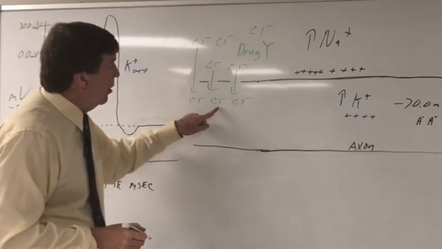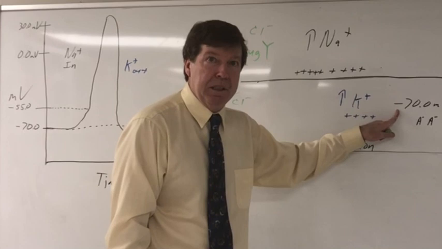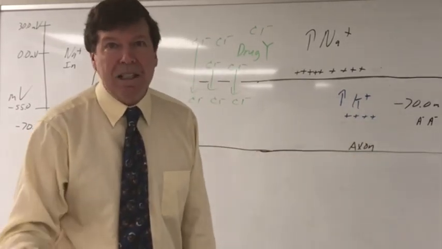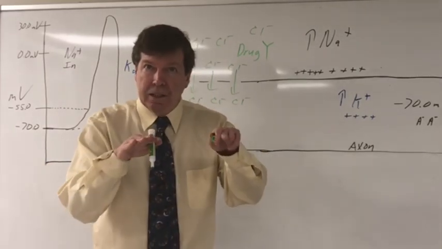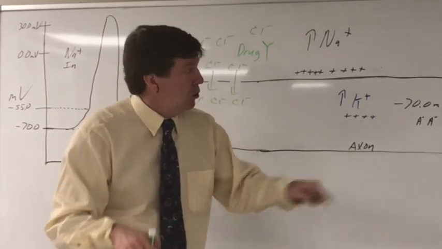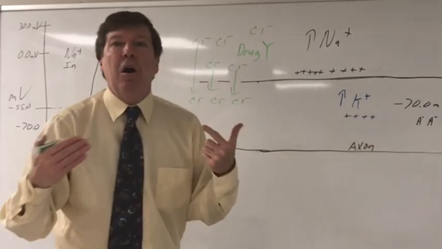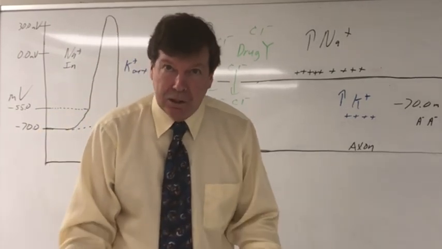What effect are Cl- ions going to have on that resting potential? Well, isn't it going to make the resting potential more negative? It's going to reduce the resting potential, it's going to go down. And if you go down, you get further away from that negative 55, that threshold.